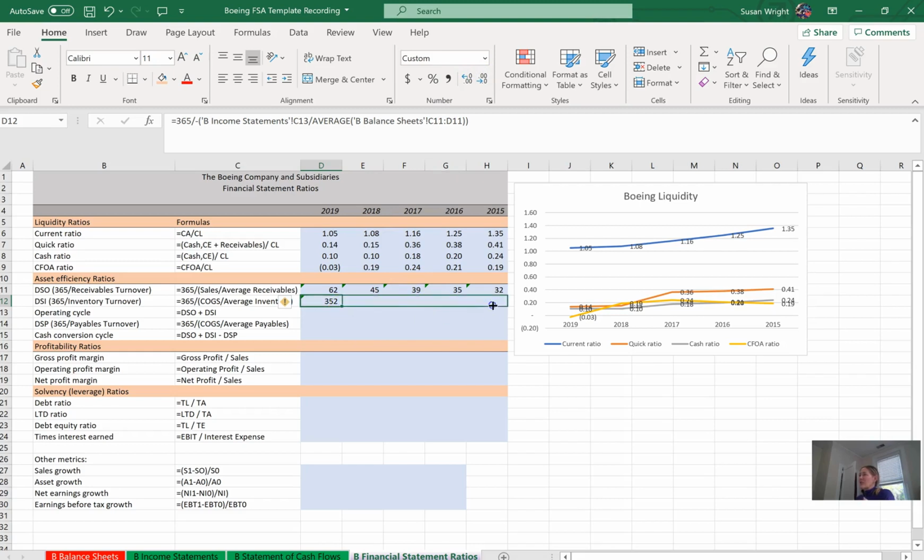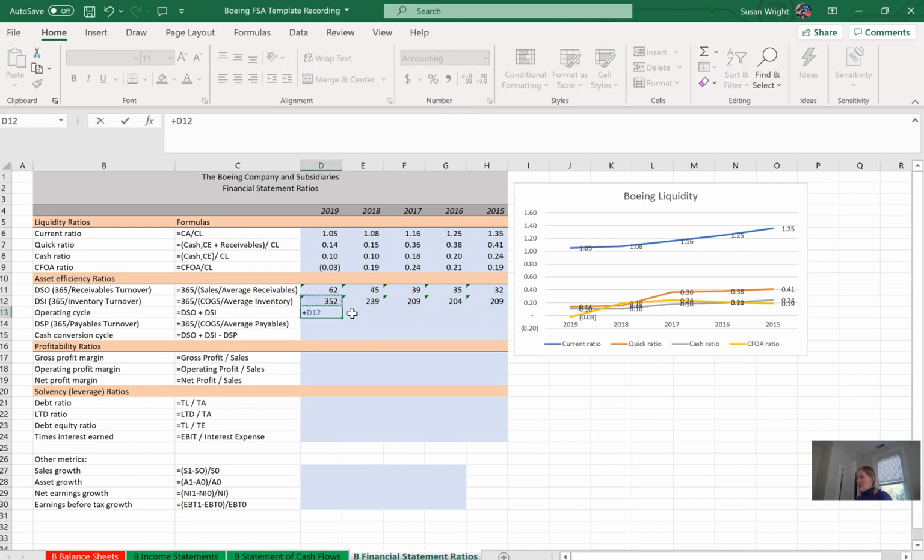So it doesn't surprise me, but I don't like this trend at all. Alright, so a huge operating cycle. This is why they have so many liquidity problems. Okay, now let's take a look at the last one, which has to do with the payables.